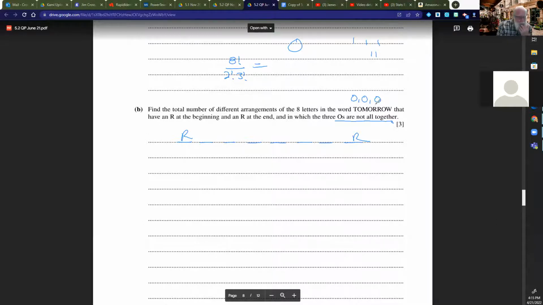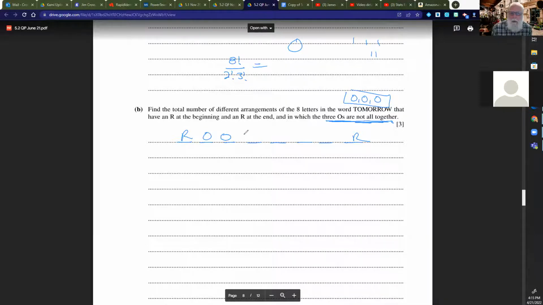So what makes this different is that I don't need the O's to be separated, because I would be okay with 2 of them together, but they don't want all 3 together. So in this kind of situation, we do kind of the opposite. Figure out the number of ways that the O's are definitely together.